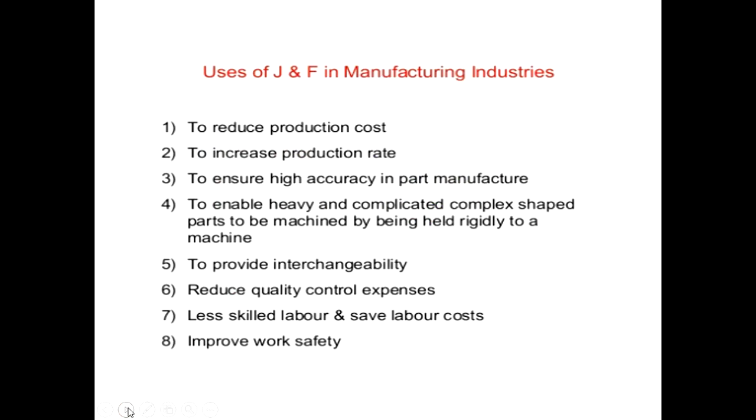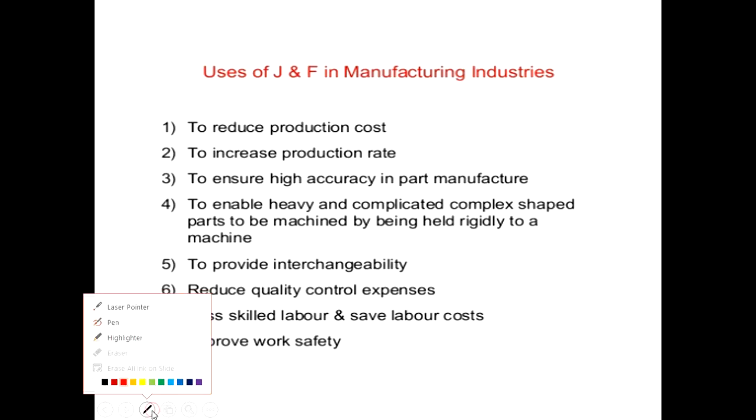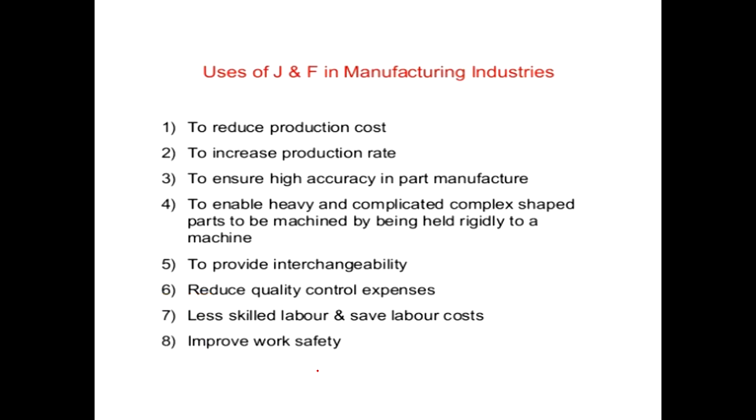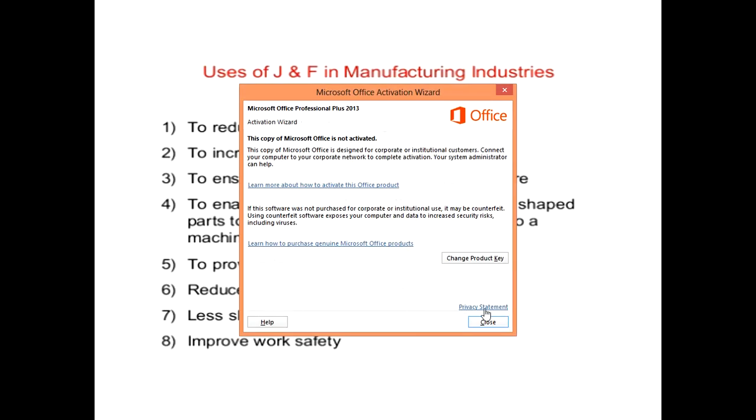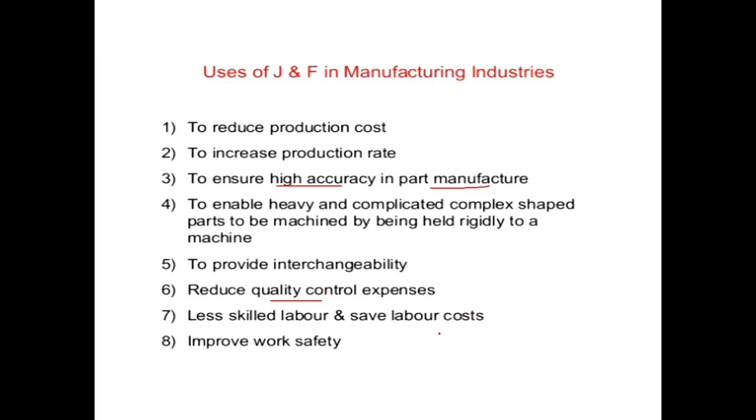Now in the manufacturing industry, jigs and fixtures are used for different purposes. They are widely used to ensure that parts get machined with the highest accuracy, and during part manufacturing it will provide better quality if you make the part with accuracy.